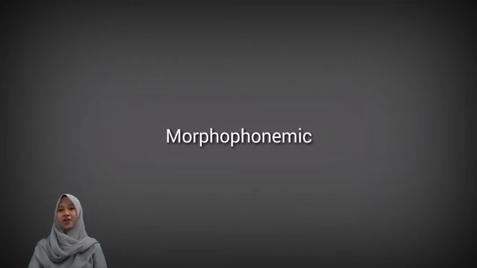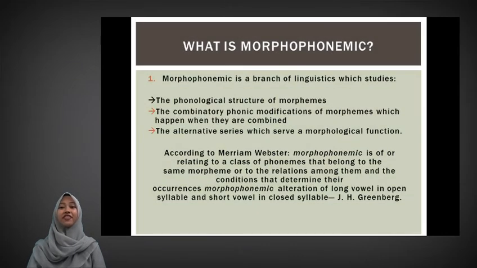So what is morphophonemic? Morphophonemic is a branch of linguistics which studies, first, the phonological structure of morphemes, second, the combinatory phonic modifications of morphemes which happen when they are combined, and third, the alternative series which serve a morphological function.